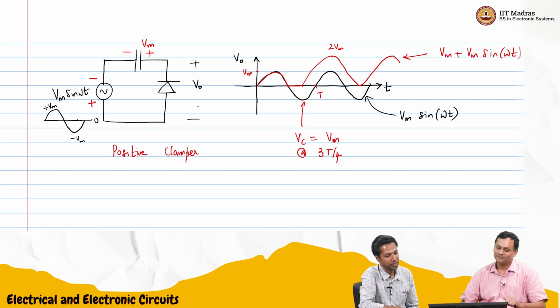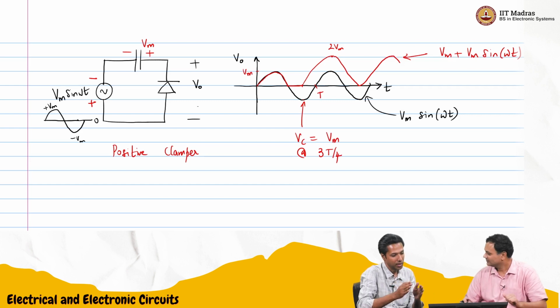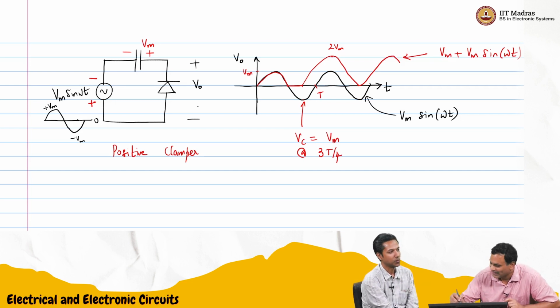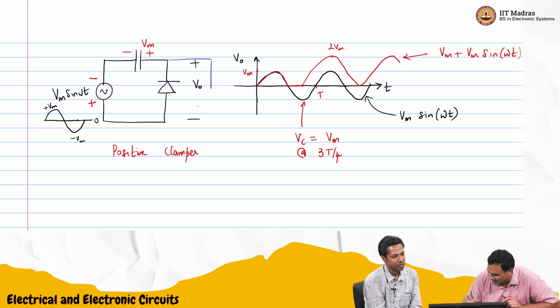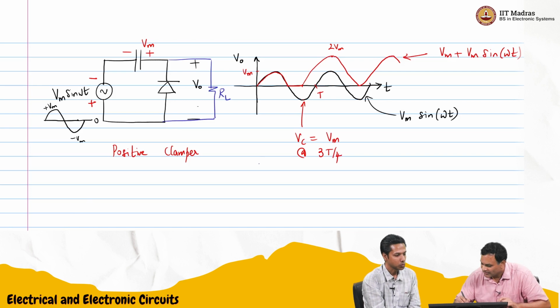The charging happened in T by 2 to 3T by 4, and like that in every cycle there may be a small charging period. So if you have some small resistor RL or large resistor RL, then the capacitor.